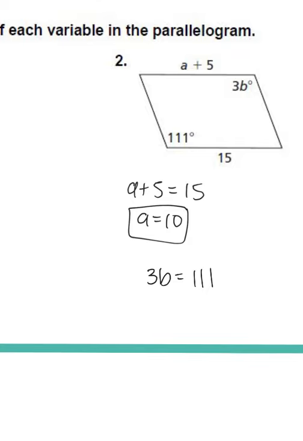It's a parallelogram. And what's true about parallelograms? The ones that are across from each other are congruent. Good. The angles that are opposite each other. See how these two angles are opposite each other? They must be congruent. What's true about angles that are next to each other in parallelograms?